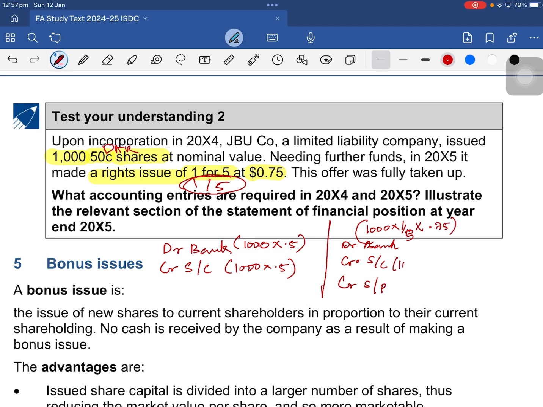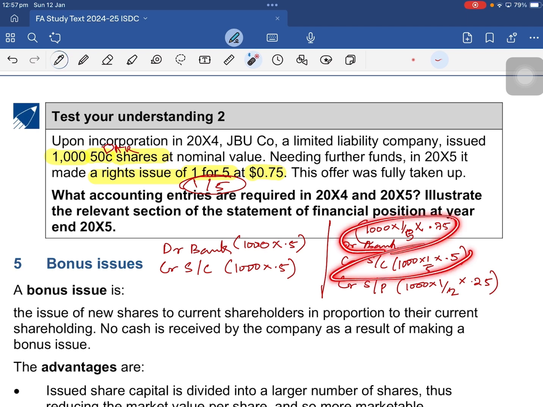And here again, 1000 into 1 by 5 into 0.5. That is the par value. Here the remaining 0.25. Clear, no? Or what you can do is, you can just subtract this and this and take the value in share premium. Understood? Clear, no?